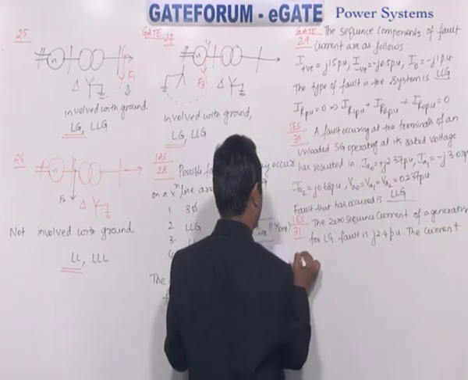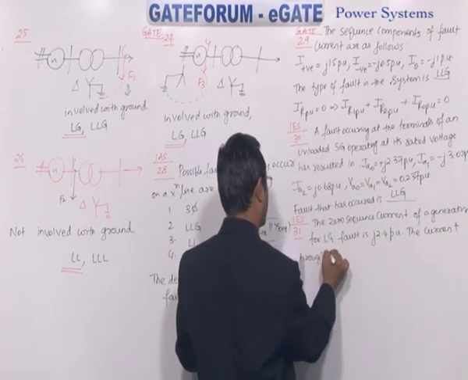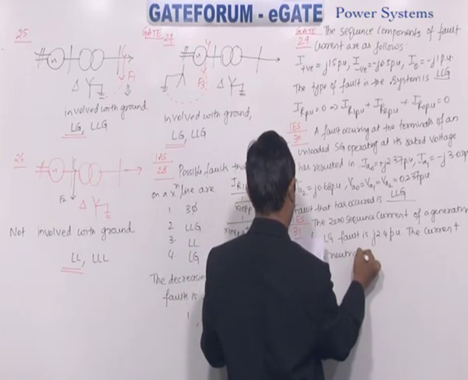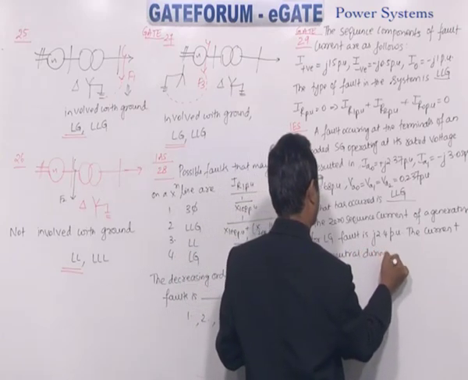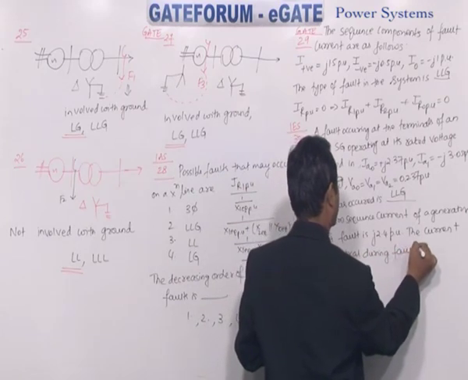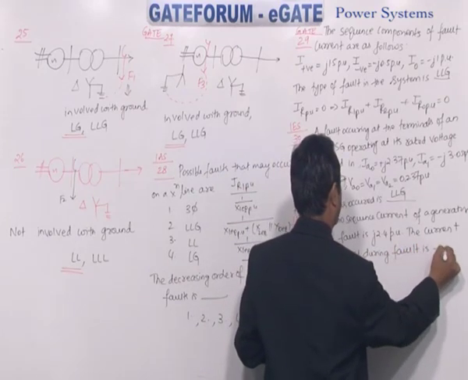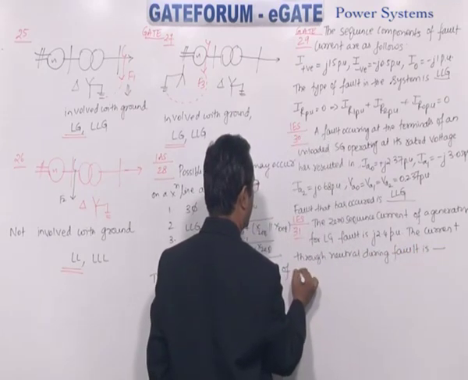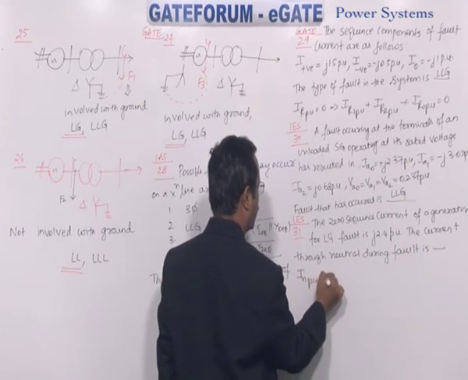The current through neutral during the fault is. So what will be that neutral current in LG fault?